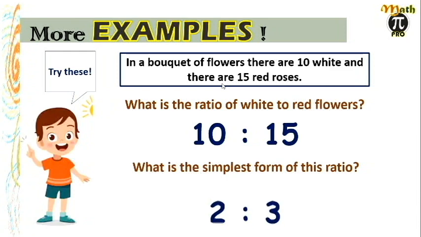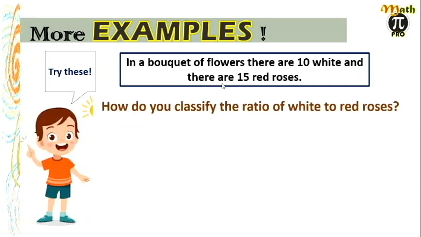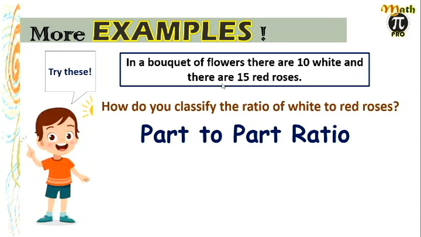That's correct. 2 is to 3. How do you classify the ratio of white to red roses? See it. The ratio is an example of a part-to-part ratio because both the white and the red roses are part of the total number of flowers in the bouquet.